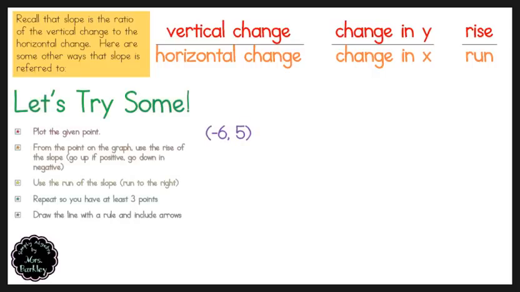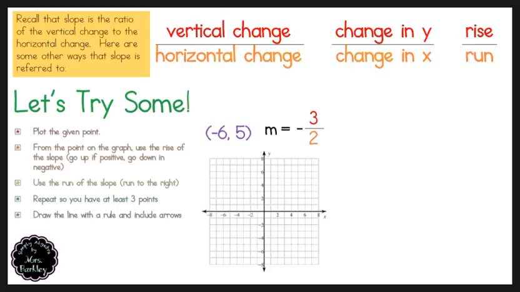Let's look at another example. If we have the point -6, 5 with a slope of -3/2, on the graph I'm going to start at the point -6, 5. On the x-axis, go to -6 and go up 5 to plot that ordered pair. If I have a slope of -3/2, that means that I'm going down 3 and to the right 2.